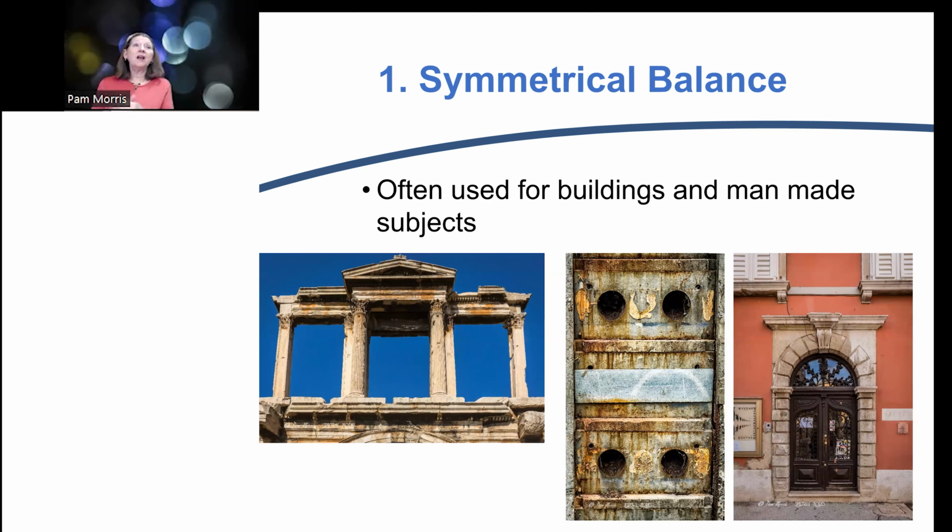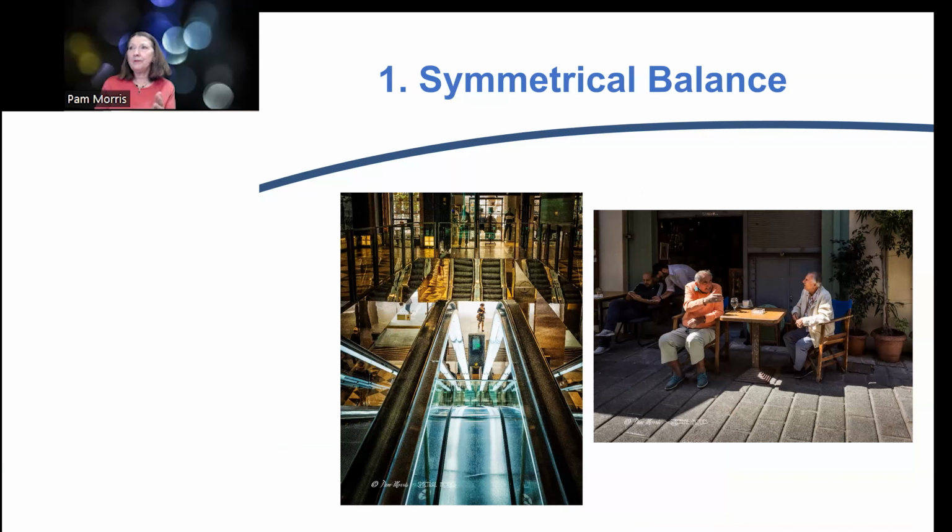We often use symmetry for balance when we're photographing man-made objects and buildings. And I'd really encourage you when you are photographing man-made objects and buildings to try at least one symmetrical image and then mix it up with other things. But it usually does give it a harmonious look if it is balanced within the frame.